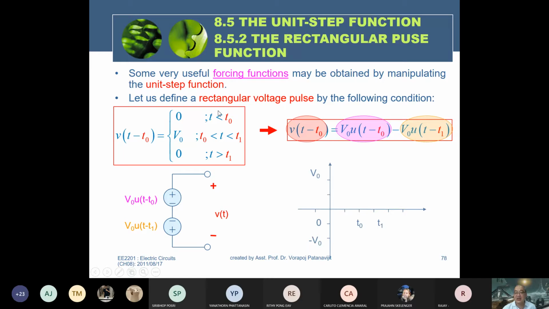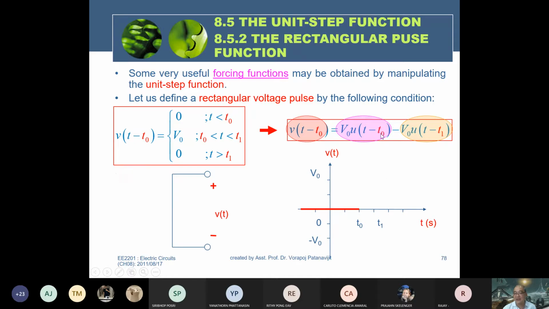You can see that for time less than T0, both of these sources are not activated, therefore nothing exists in your circuit. The first source, the pink one, and the orange source are deactivated. The subtraction between them, 0 minus 0, gives you 0.